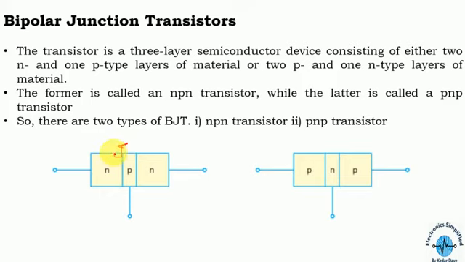This is called the emitter junction, and this one is called the collector junction. So we will try to understand this concept by comparing this junction transistor with the PN junction diode.